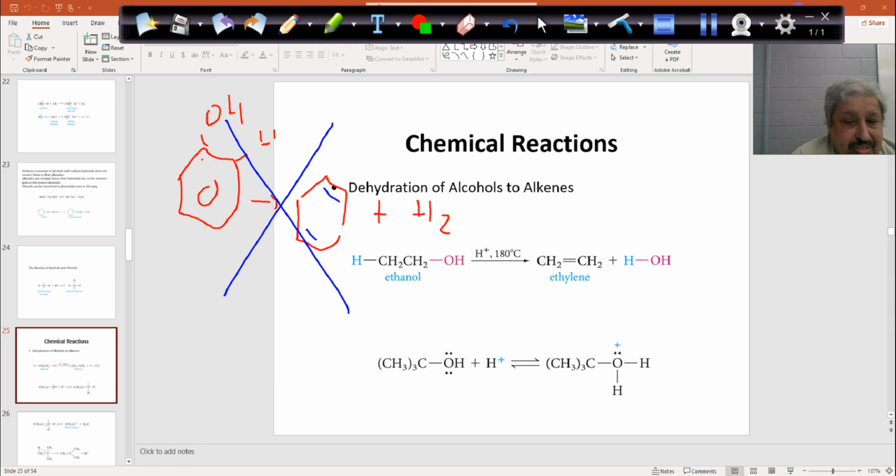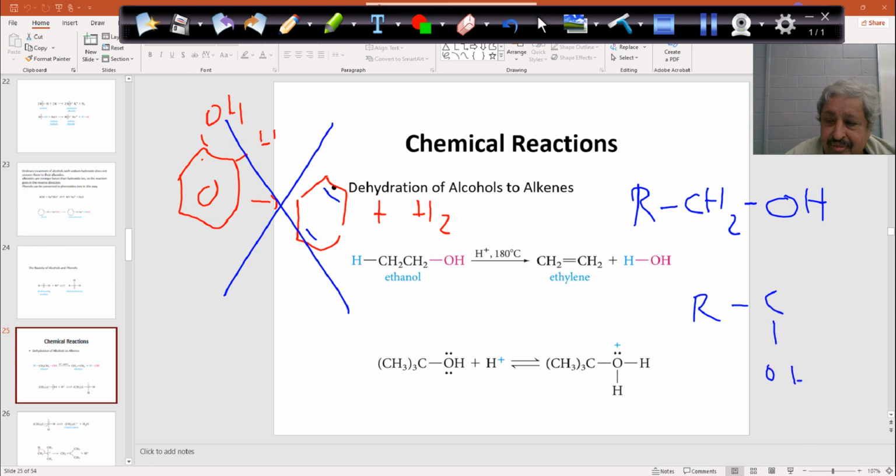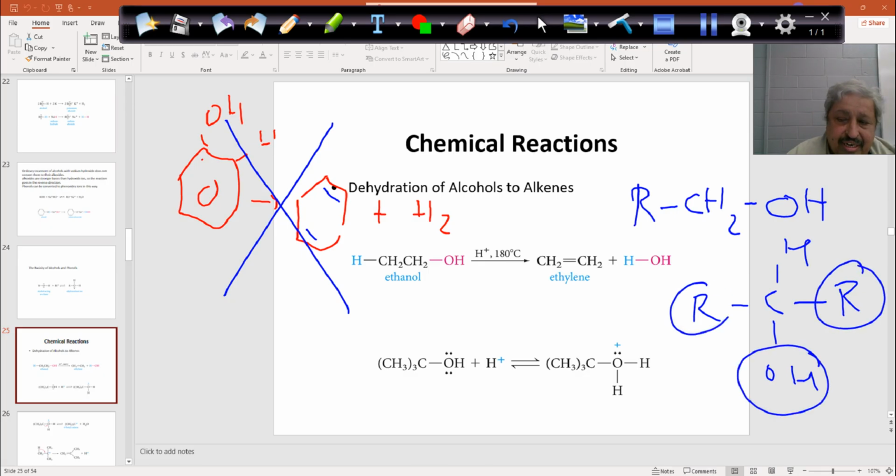However, alcohols, yes, that's always the advantage of alcohol. They have R, small r, CH2OH. That's a primary alcohol. Then you can have R, CH, R, OH, that's a secondary alcohol. Then R, C, R, R, OH, that's a tertiary alcohol.